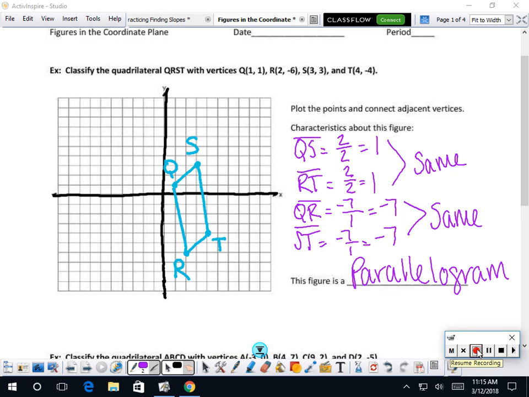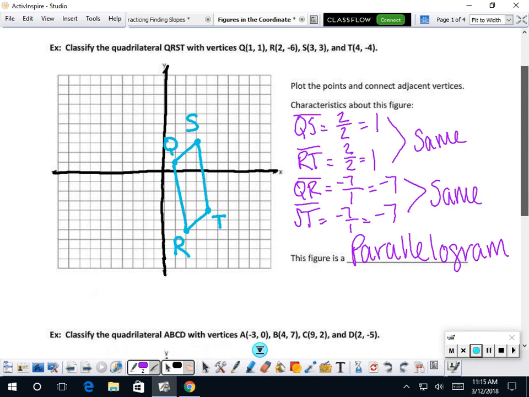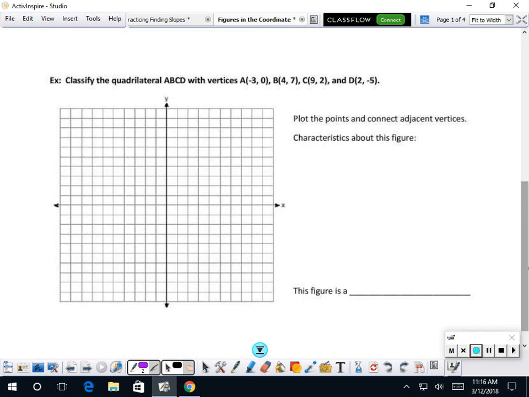So let's take a look now at the second example here. And again, my starting point here is that I'm going to darken up my XY axis so that I can see those better. And then I'm going to plot the points for each of the vertices.